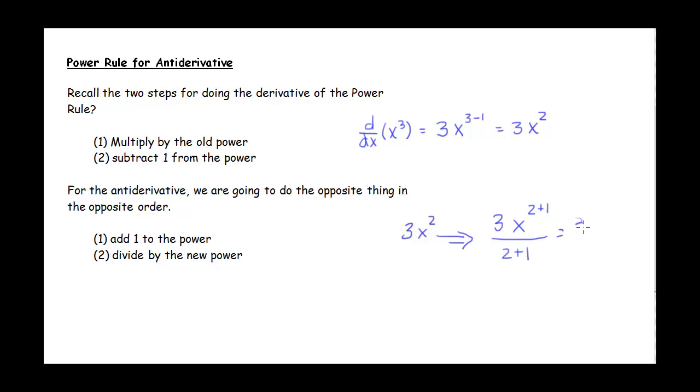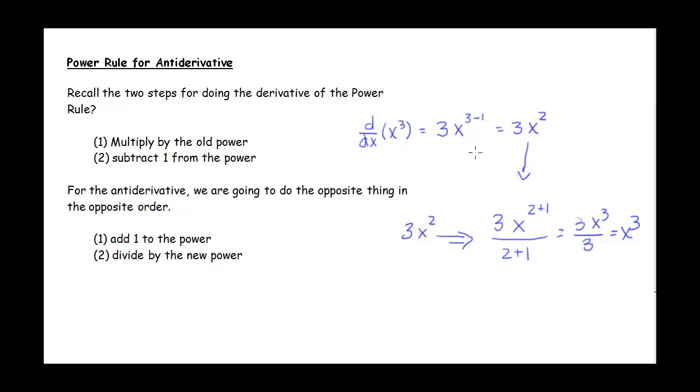So this would give us 3x cubed divided by 3, which is just x cubed. So do you see how if we start with this, what I need to do is I add 1 and divide by that new exponent, and that will get me back to where I started from.